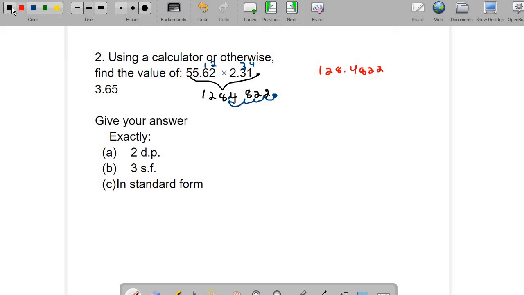Okay, for the subtraction part, you're going to subtract 3.65 from this number. So when you're doing that part without your calculator, you have to ensure that your decimal points line up and you put each digit in the correct place value. So you're going to line up the place value, in other words.